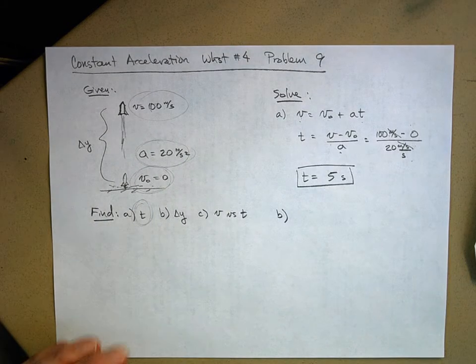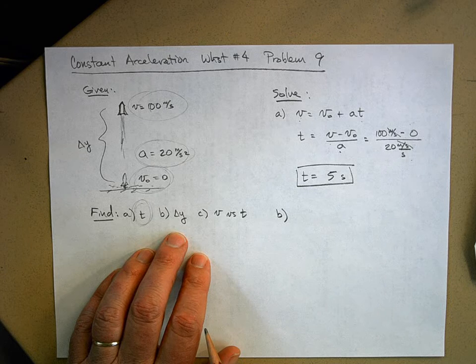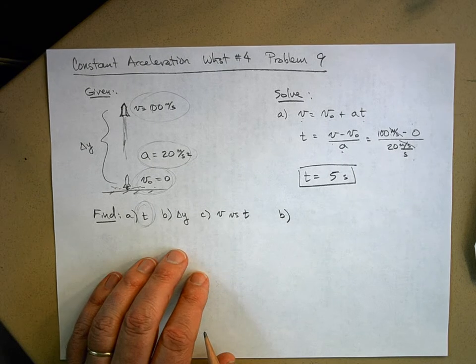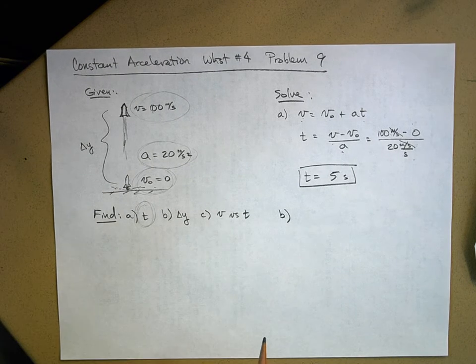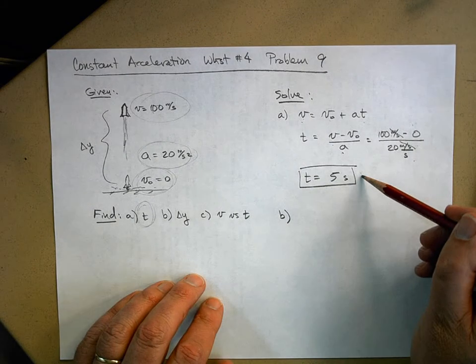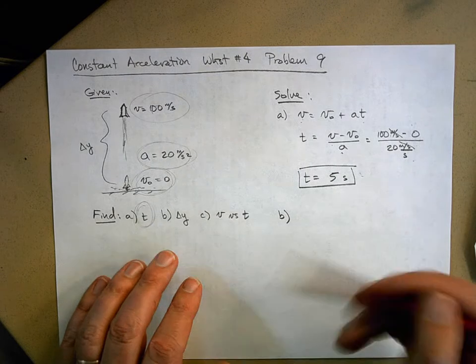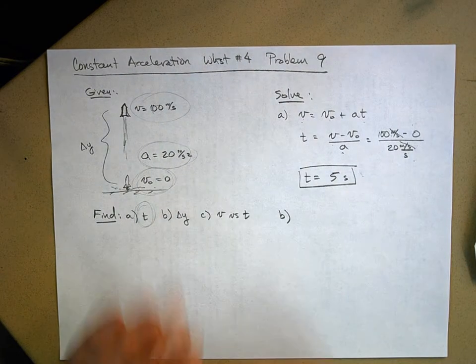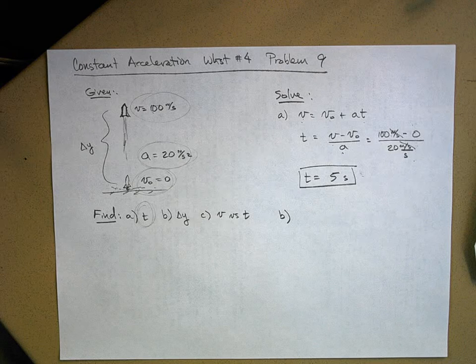Part B, we want to know delta y. Well, let's say I don't know the time, because I don't want to carry a mistake forward. I already solved for it, but I don't need it if I use the fourth kinematic equation.